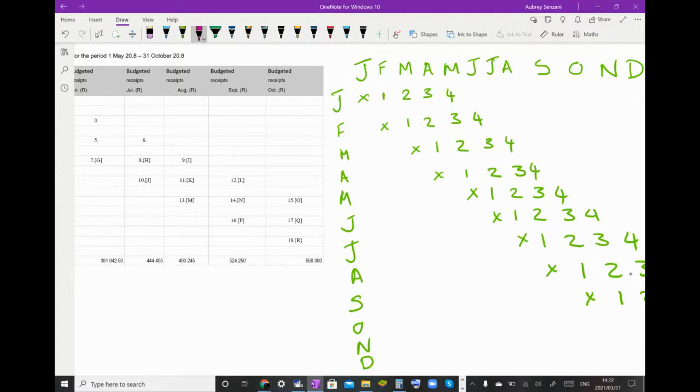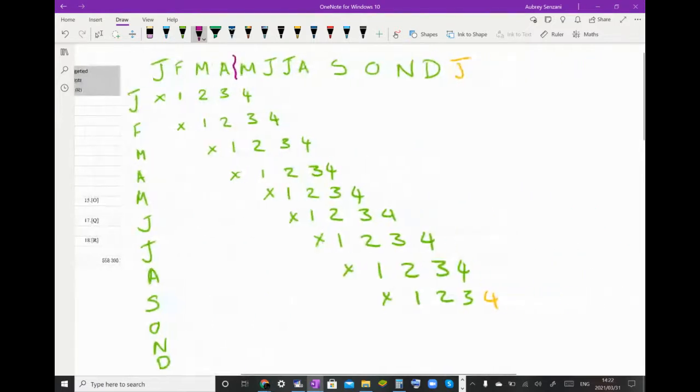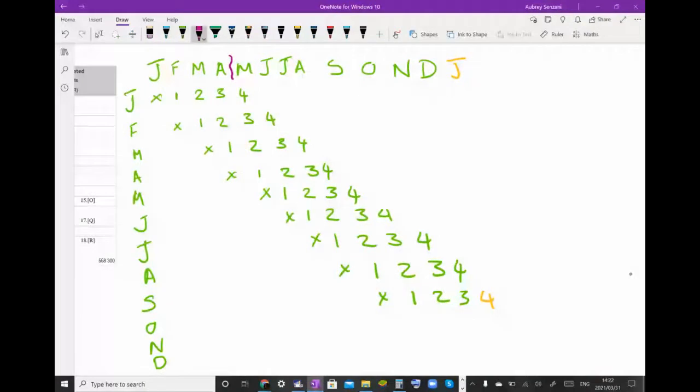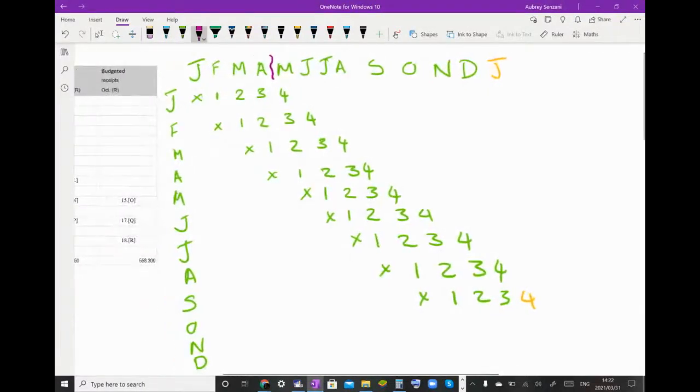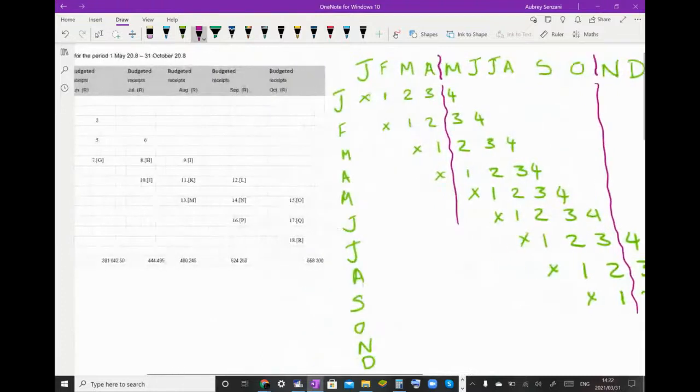We're interested in months May, okay, all the way until, they said, October. So all the way until here. These are the months that we're interested in, okay? So basically, we can even just draw a line all the way down here, okay, all the way down here, okay? So this will cut some time in terms of our calculation.